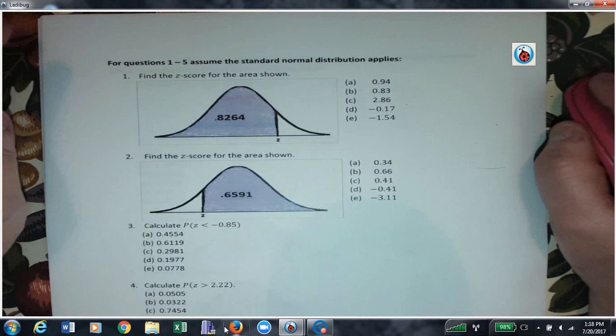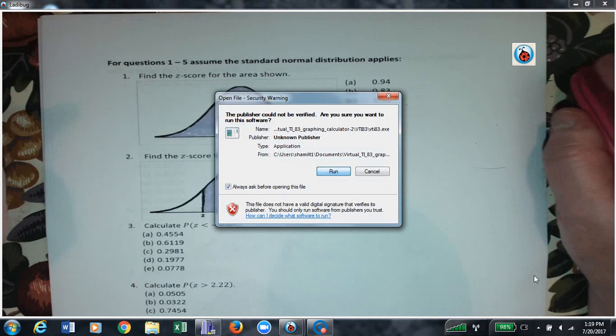There are a couple of ways we could do this. We could do this with charts, or we can do this with a calculator.